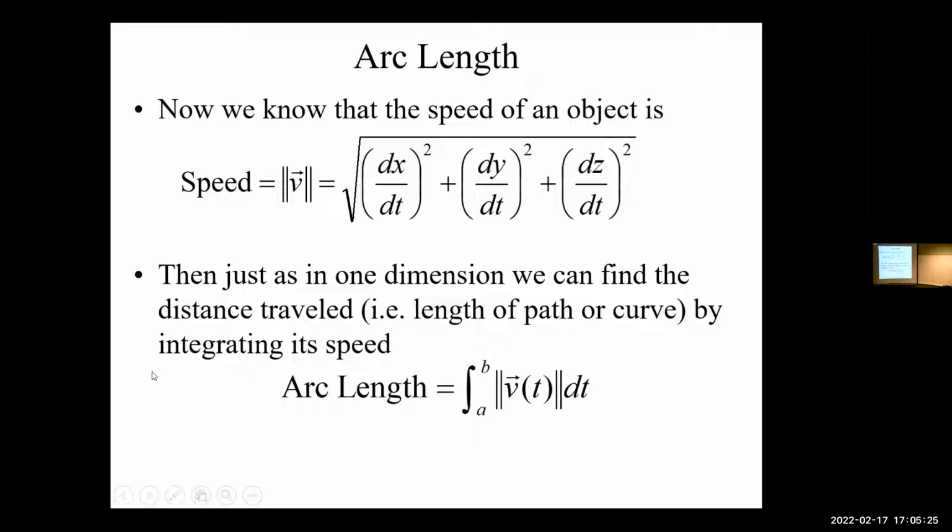This is the exact same formula you would have used in Calc 2 with parametric equations. So to find the arc length, all you do is set up the magnitude of the velocity, or your derivative, which is this part right here, and then you integrate from a to b.